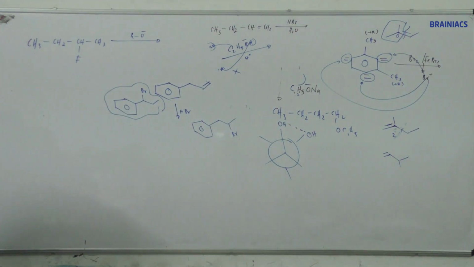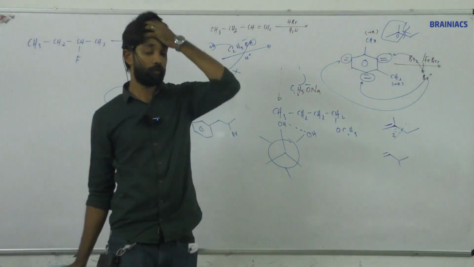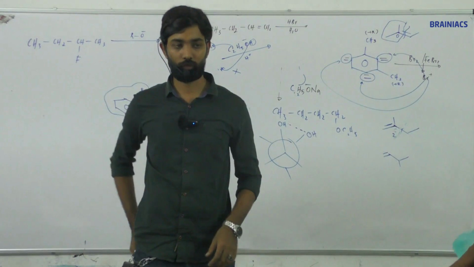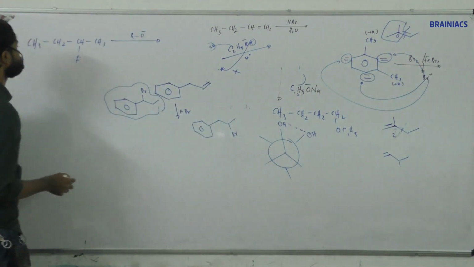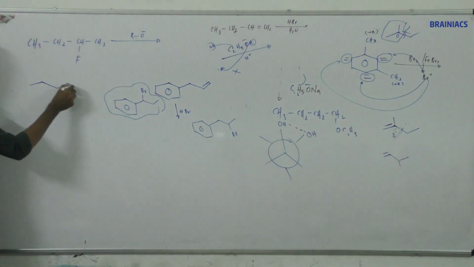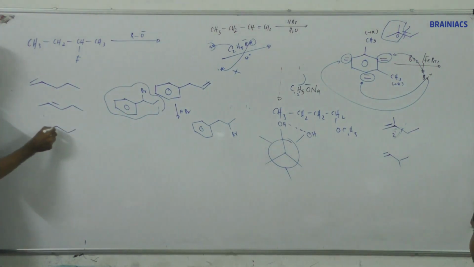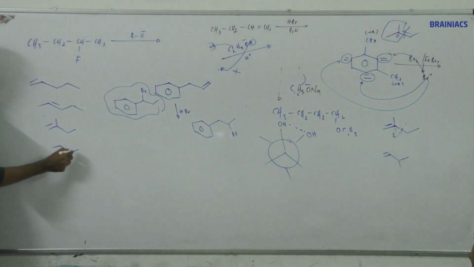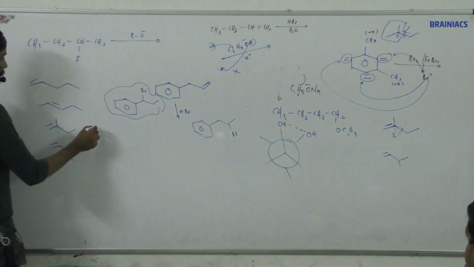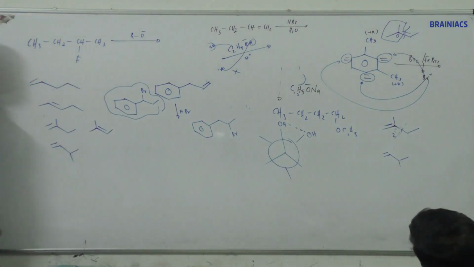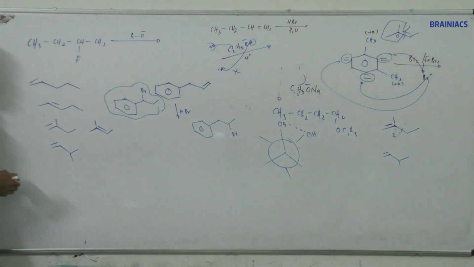Total substitution, right? Listen, check question number 34. Pen 1-ene, pen 2-ene, this one. Okay, these are the possibilities. Tri-substituted alkene, right? So you have to consider the total substitution.